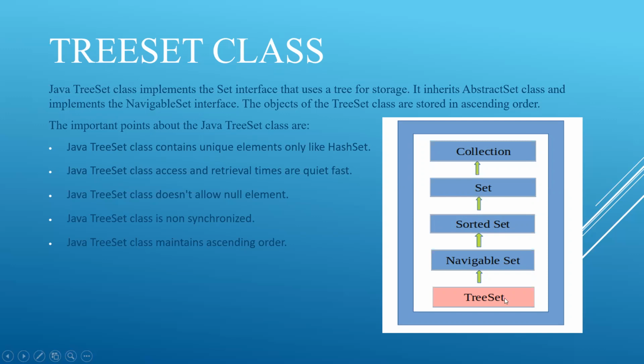So here, as a tree set is a class which is implemented from the sorted set interface, the elements are stored in the ascending order and it will not allow the null value. Whereas set will allow the null value, but our sorted set will not allow the null value. And it contains only unique elements like the hash set. And retrieval and accessing of the elements becomes very fast in this tree set. Okay, and it maintains the ascending order.